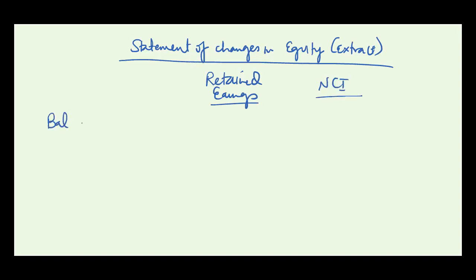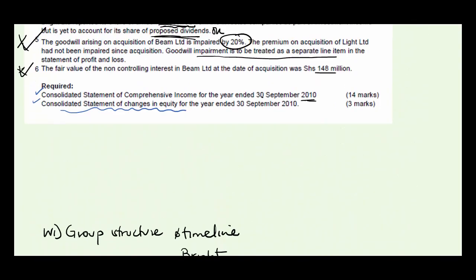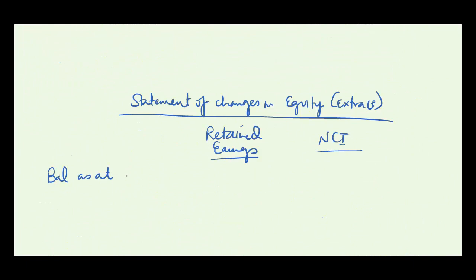So I have the balance as at the start of the year. What is my start of the year? October 09. And then we have profit for the year to give you the closing balance.